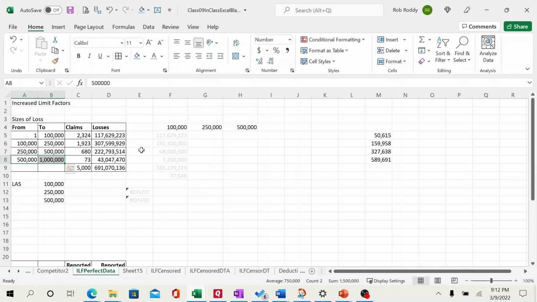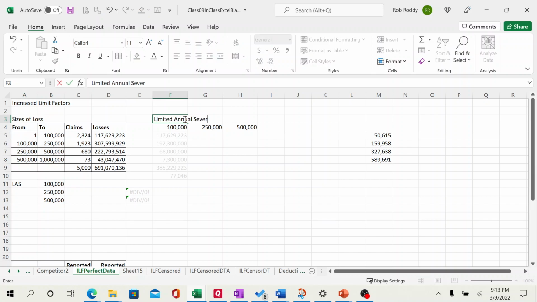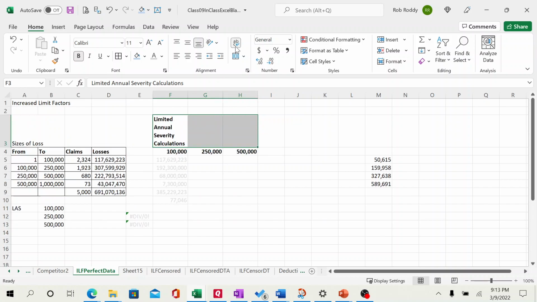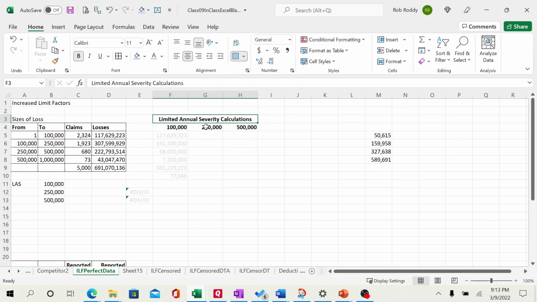Okay, so now you need to figure out your limited annual severities, or LAS, if you like. I'm going to sketch through this, and then we'll go through the other two.